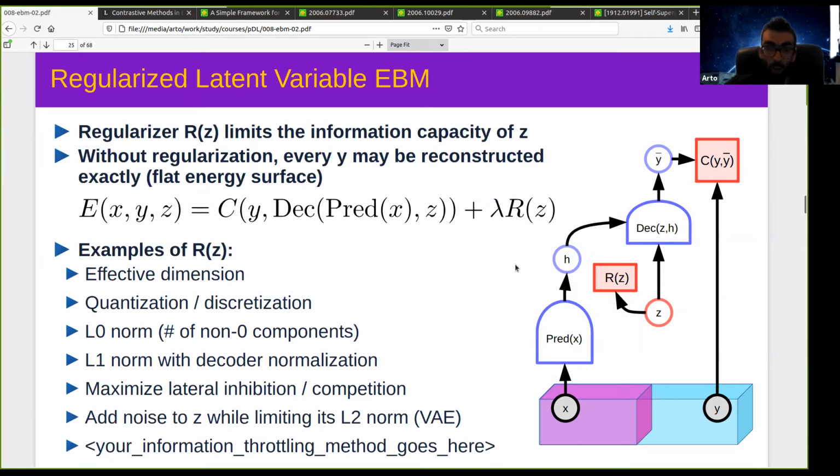And what are the ways to regularize z? We add a regularization term to our energy function, which depends on z. One way to limit the information capacity of z would be, if we know the effective dimension of z, to restrict z to be of that dimension.